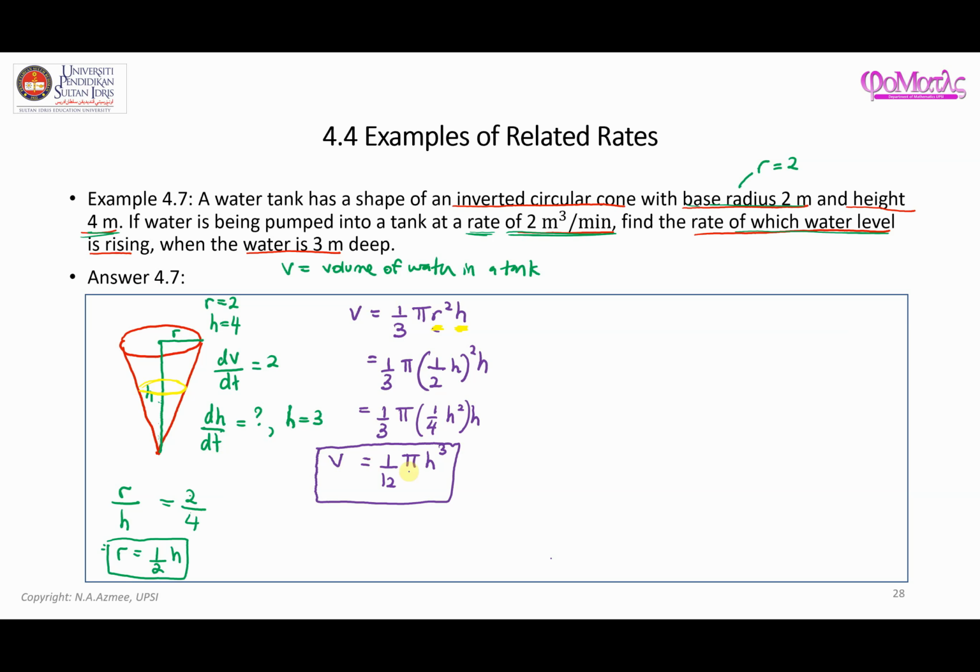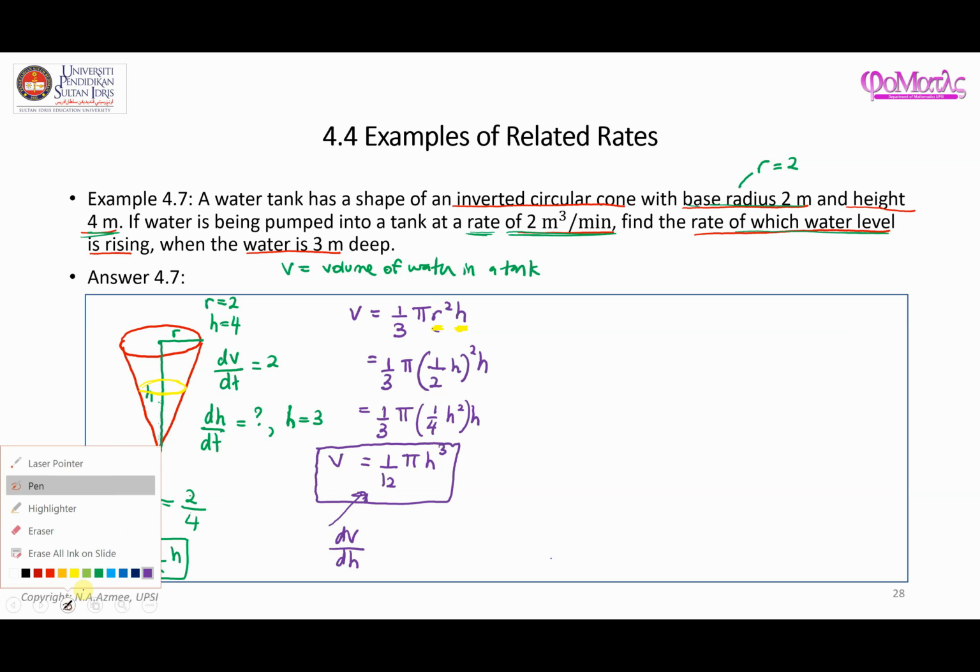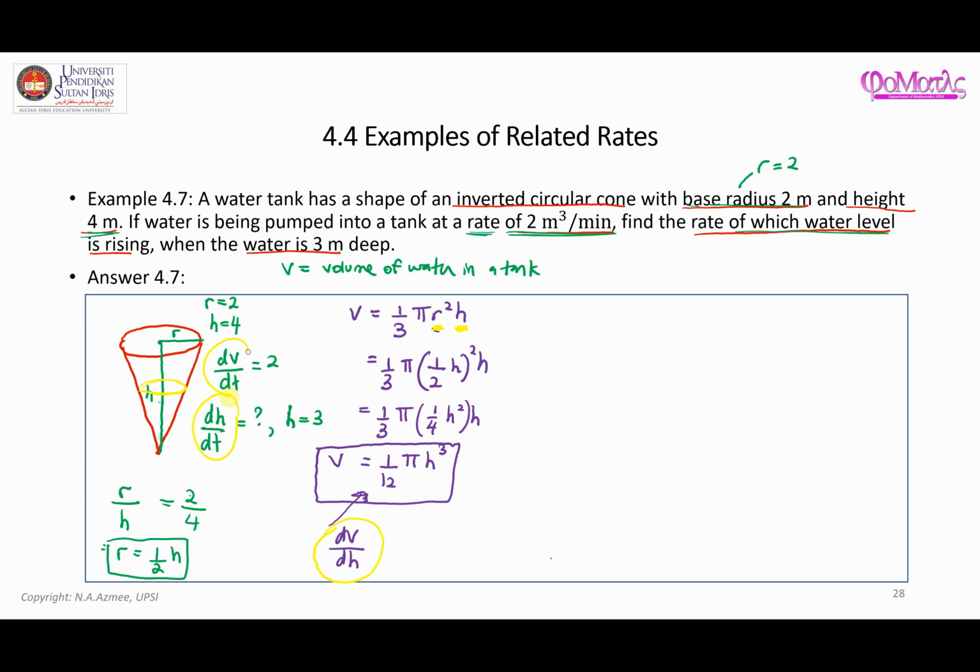Now we can see that v now depends on h, and based on this I can actually find dv/dh. Now I need to be able to link dv/dh, dh/dt that you want to find, and dv/dt.